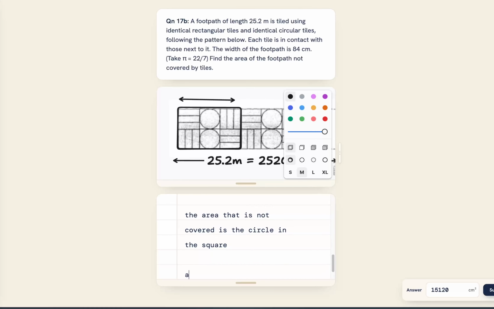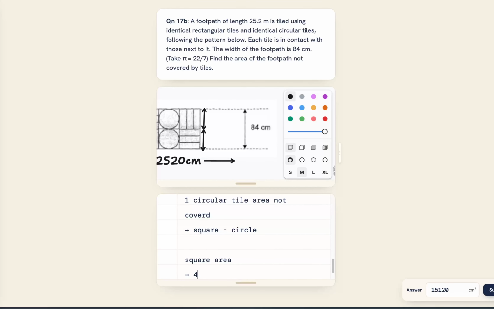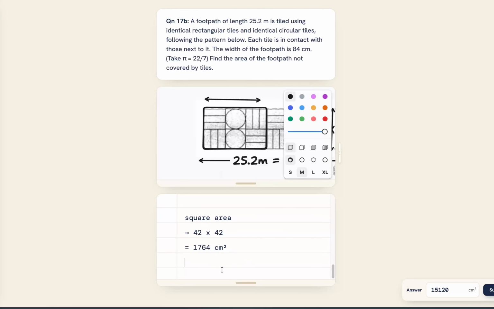So the area not covered for one circular tile is basically square minus circle. For the square, the area is 42 times 42, which is 1764 centimeters square. Then for the circle, the radius is 42 divided by 2, which will be 21.